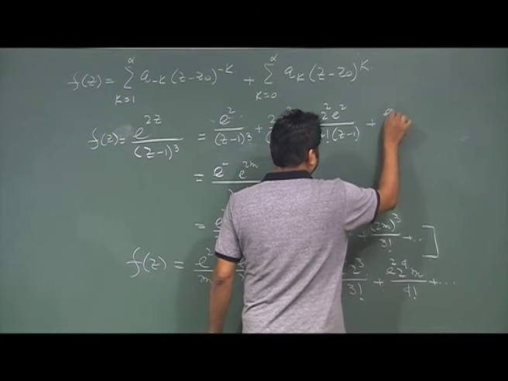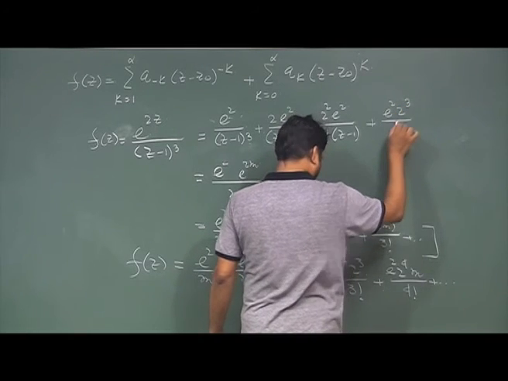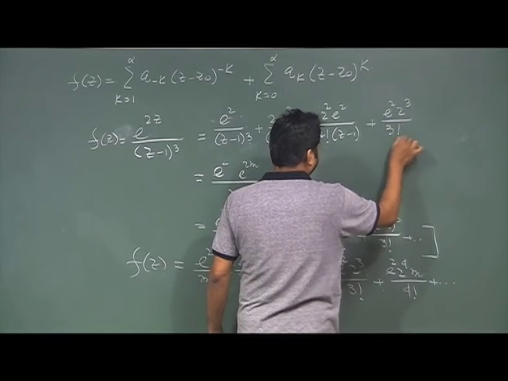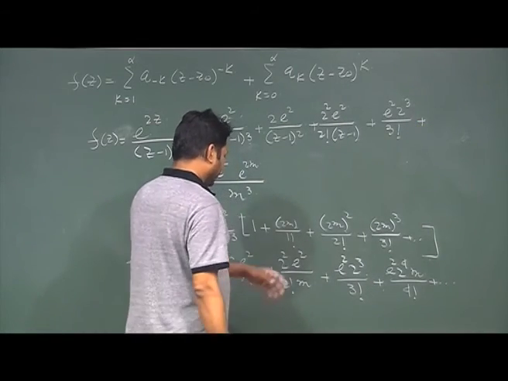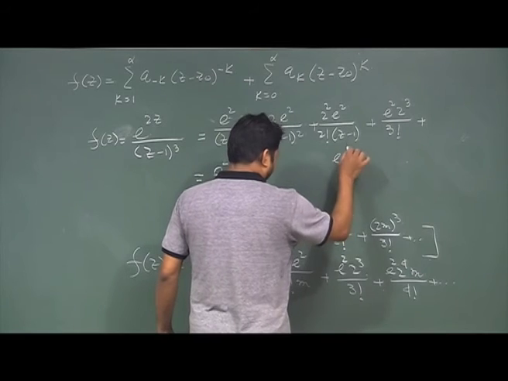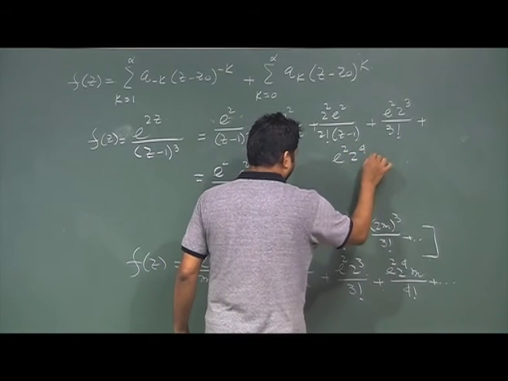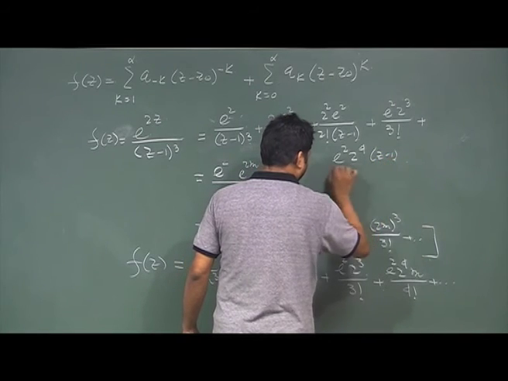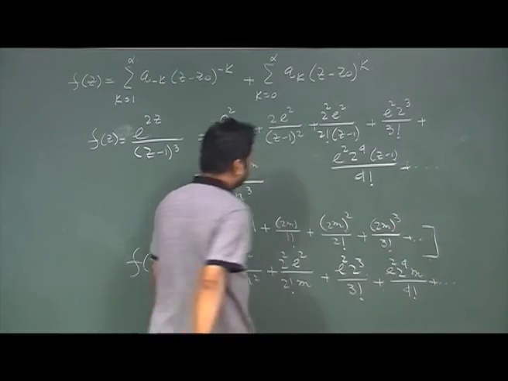So, it is e square 2 cube divided by factorial 3, which is essentially my a0 term from where the analytical part starts, then e square 2 to the power 4 z minus 1 divided by factorial 4 and so on.